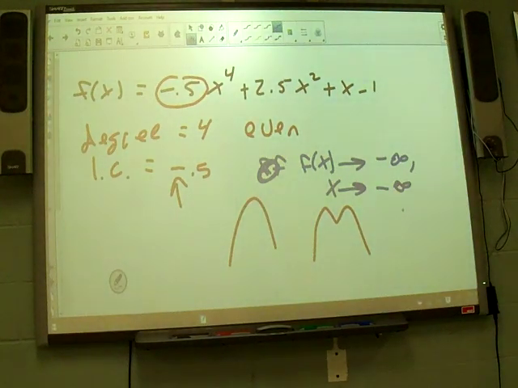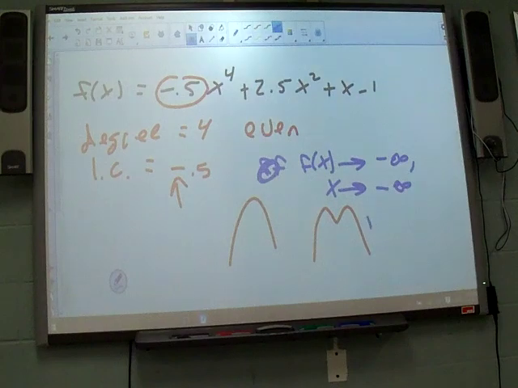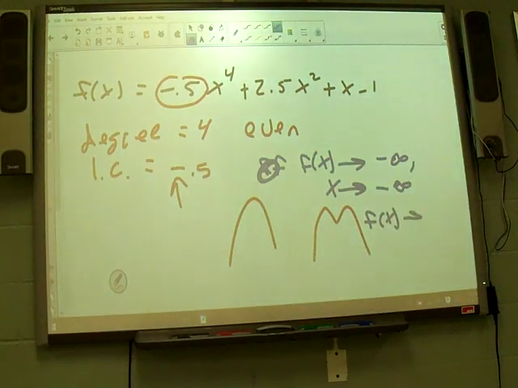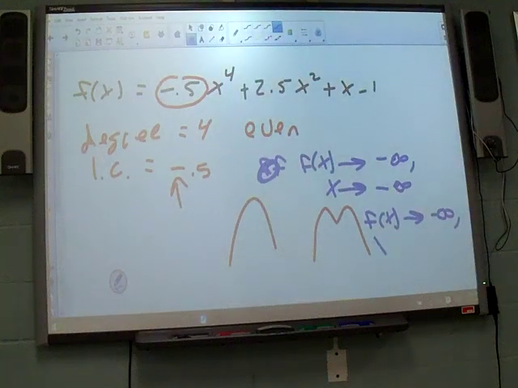Isn't that what's on the left side? Over on the right side, as x approaches positive infinity, f of x is again approaching negative infinity. We just copied that right off our chart. So if you're able to identify that degree and leading coefficient and get in the right place on your chart, you can't mess that up, right?